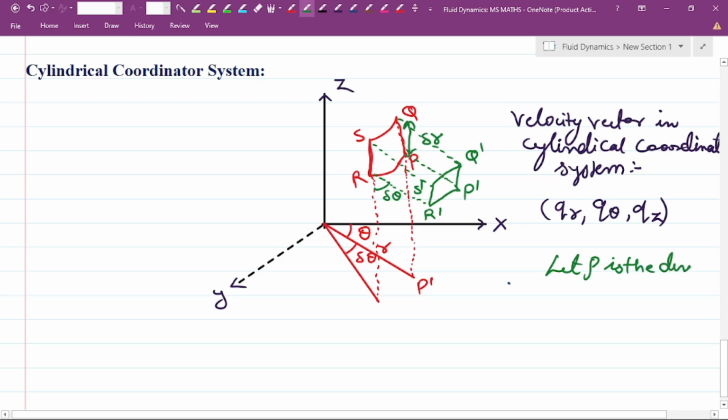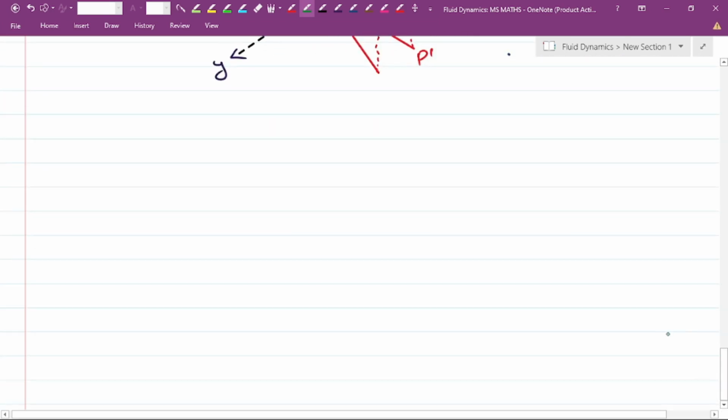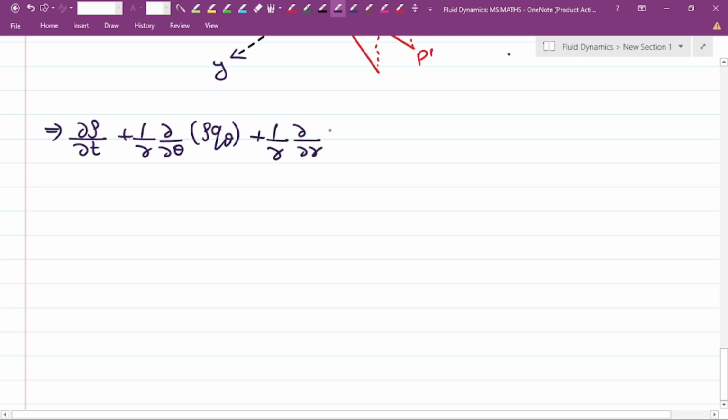In the cylindrical coordinate system, I am not going to perform the whole derivation, I am just writing the equation: ∂rho/∂t plus 1/r ∂/∂theta of rho q theta plus 1/r ∂/∂r of r q r rho plus ∂/∂z of rho q z is equal to 0.